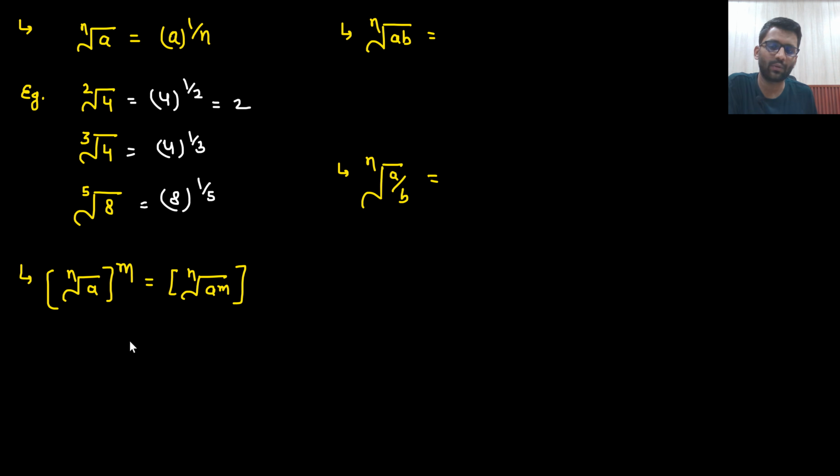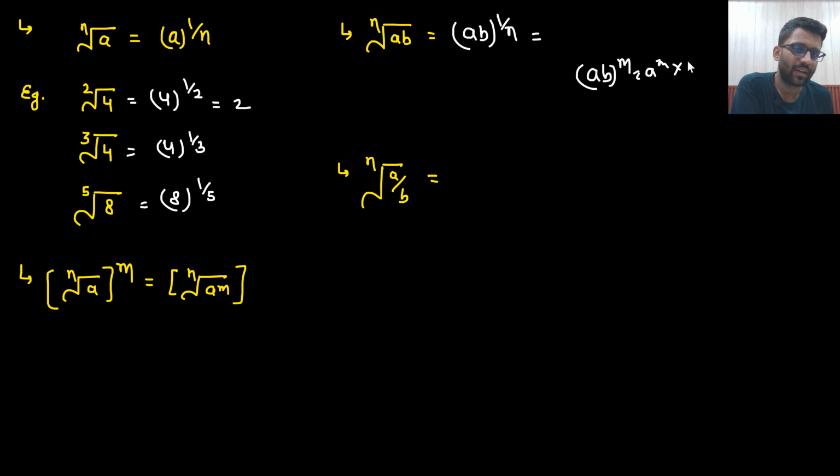Now the nth root of a^m, forget about it, let's go here. The nth root of ab, so what can I write? (ab)^(1/n). Now (ab)^(1/n), what can I write? (ab)^m is a^m into b^m. So similarly, whenever you get confused, take an example.